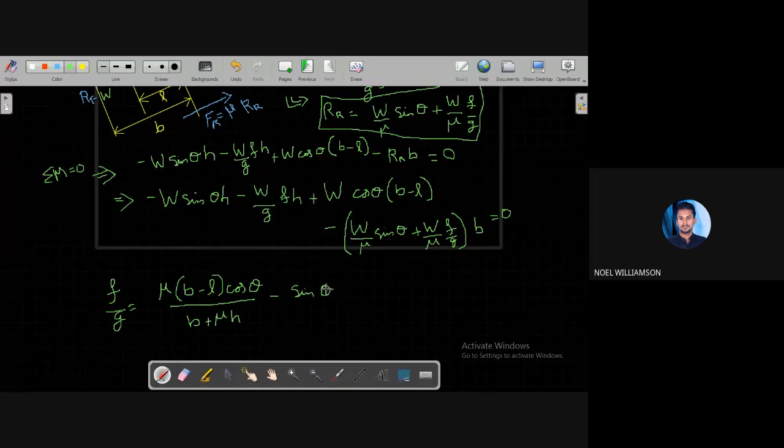Now we substitute this f by g value into the relation.